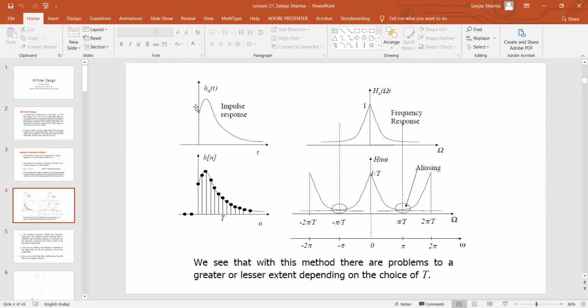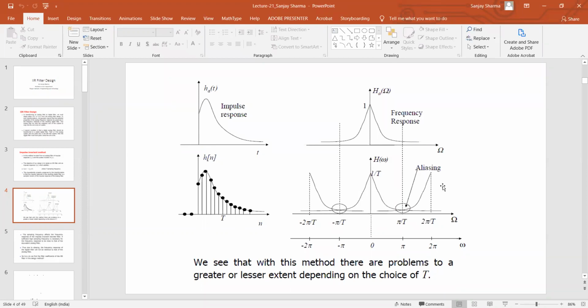Correspondingly, when we sample this h_a(t), we get h(n). This is the sampled version of h_a(t), which we call h(n), and this is H(ω), which is the digital spectrum. This is the frequency response in the digital domain.